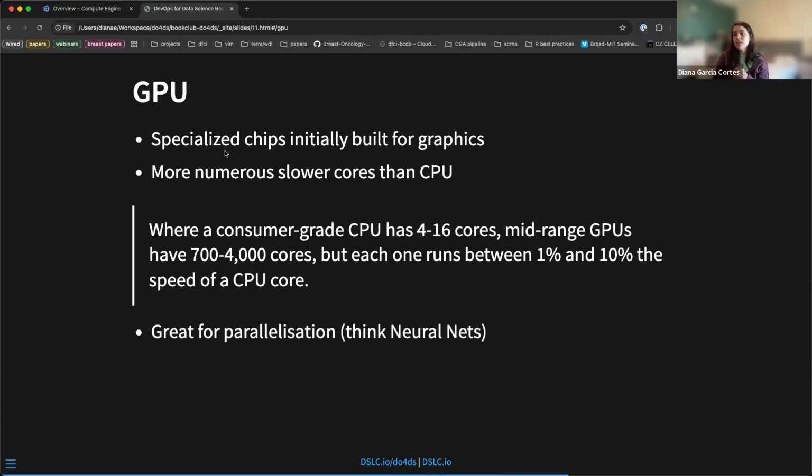They have a lot more cores than our regular laptops, but those cores are not as fast as the ones we have. So they're used for tasks that can be highly parallelized. The book said that mid-range GPUs go from 700 to 4,000 cores, and those cores run between 1% and 10% of the speed of a CPU core.